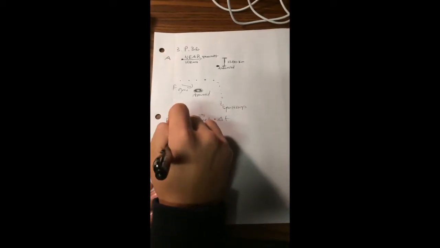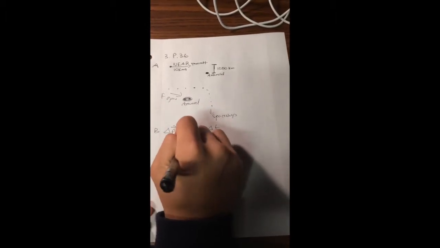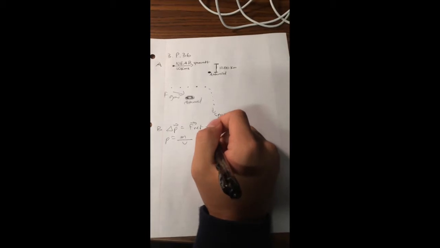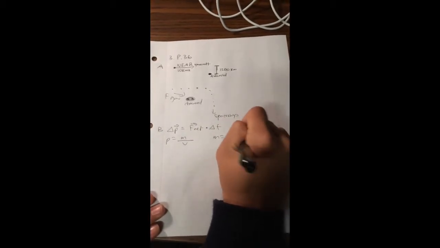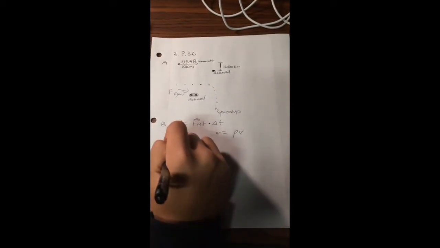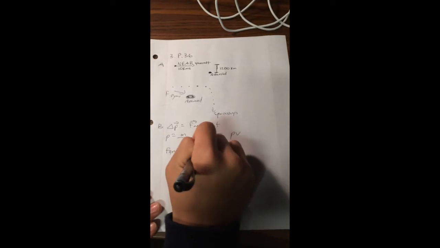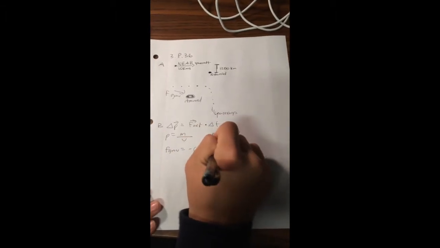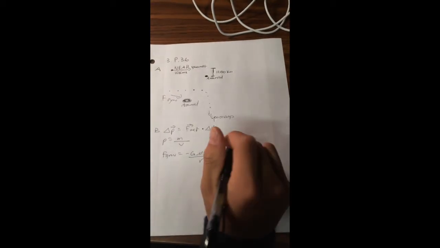We know that density equals mass divided by volume, and we need to calculate the mass in order to calculate the force of gravity. So mass equals density times volume. The force of gravity is equal to negative G m1 m2 divided by r squared times r hat.